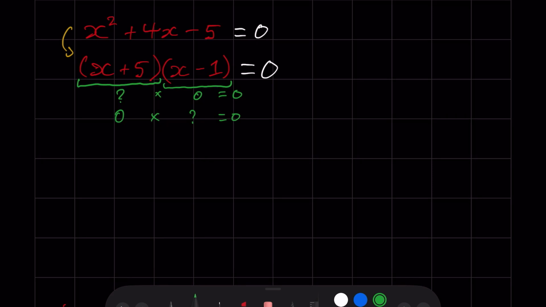So we want to find in this first bracket what x equals so that x plus 5 equals 0, and in this second bracket what x equals so that x take 1 equals 0. In the first one, for x plus 5 to equal 0, x needs to equal negative 5. In the second one, x take 1 equals 0, so x equals positive 1.